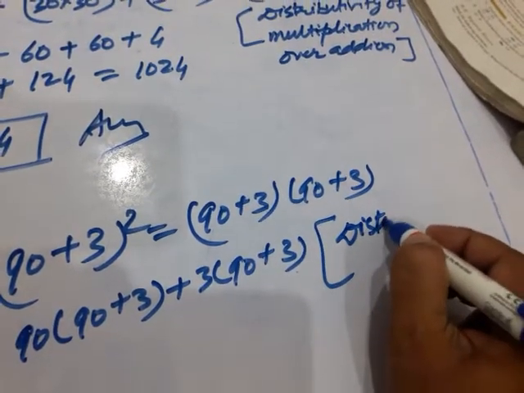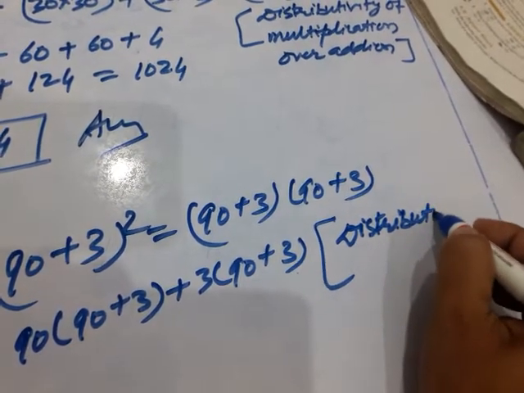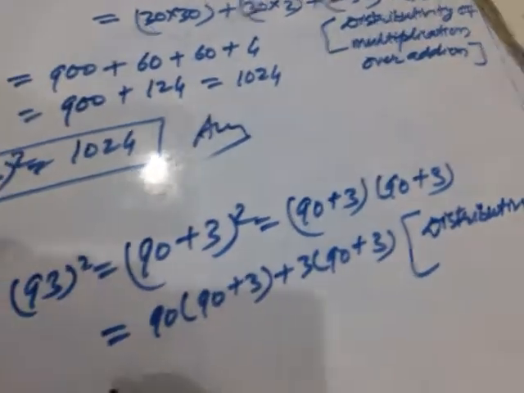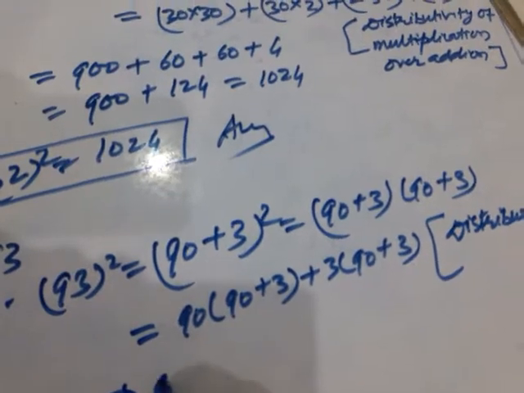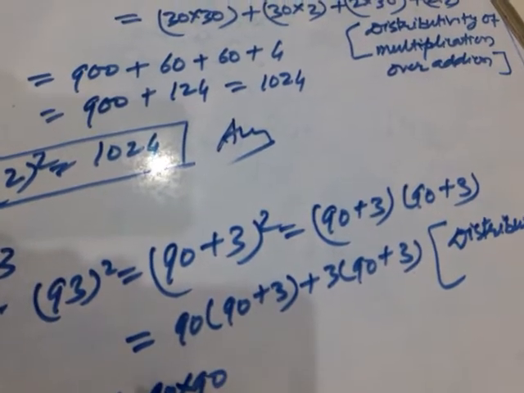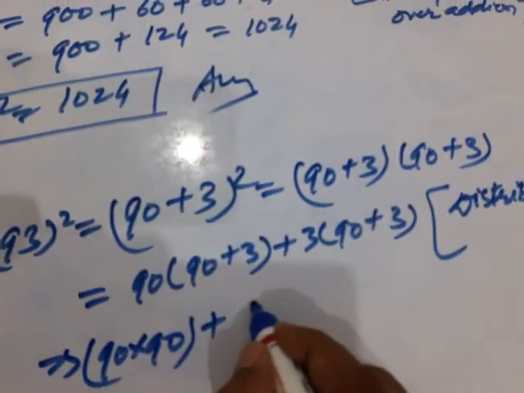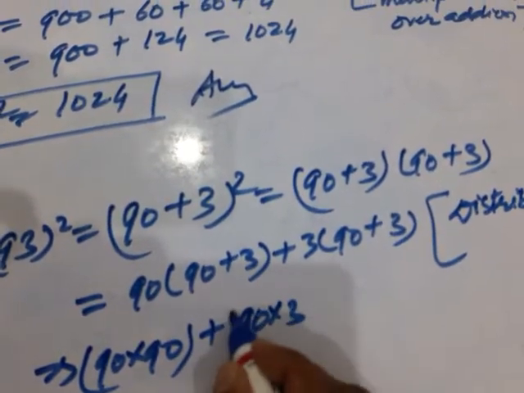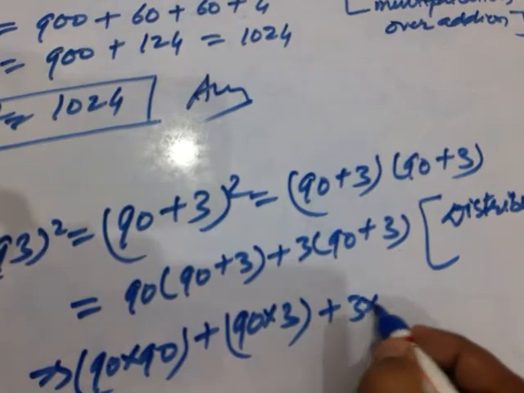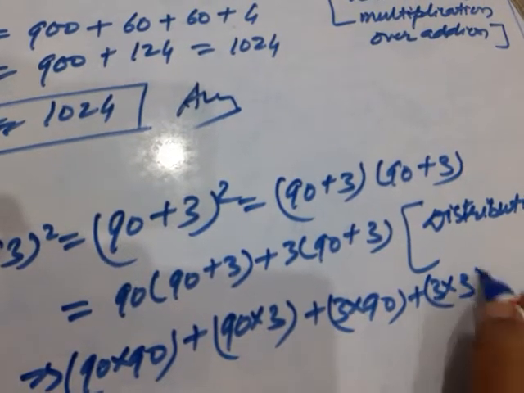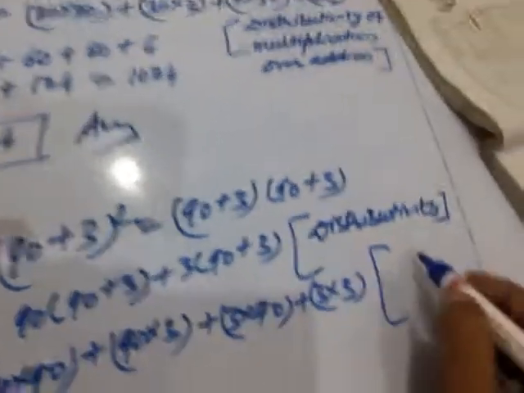Distributivity. This is called distributivity. And now this is 90 into 90 plus 90 into 3 plus 3 into 90 plus 3 into 3. What is this property?